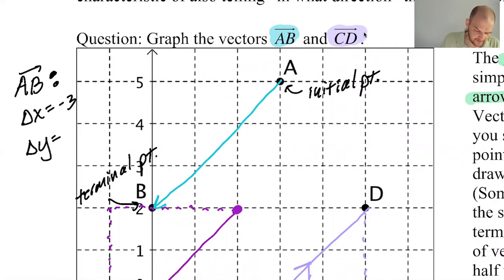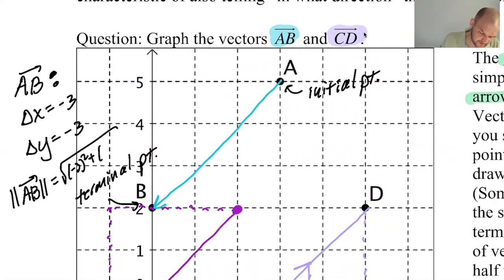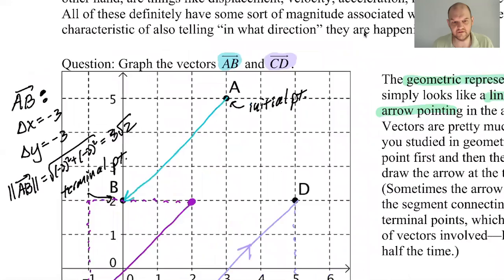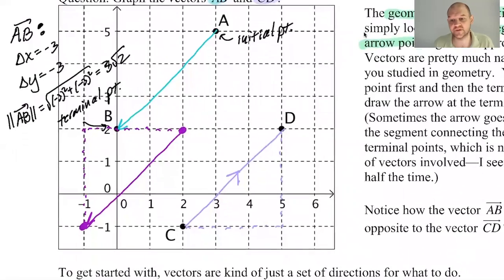Delta y is -3 because you go 3 units down. And so the norm, the magnitude or the length of AB is going to be the square root of -3 squared plus -3 squared, which is 3 root 2.